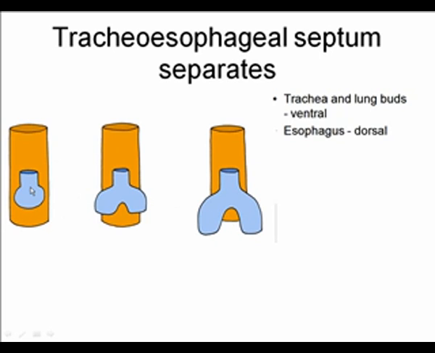As the lung bud begins to develop and is separated from the esophagus, one of the things that happens is it begins to divide. And the lungs will end up ventrally, the esophagus will end up dorsally.